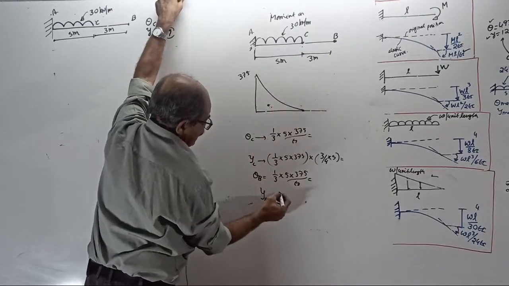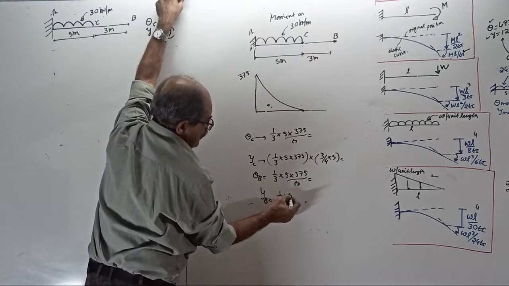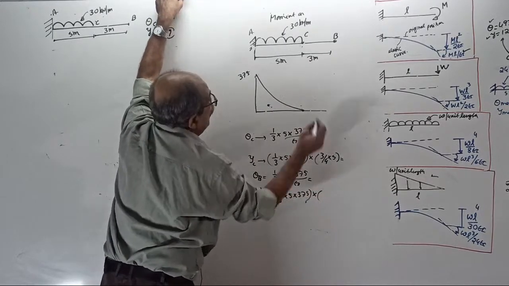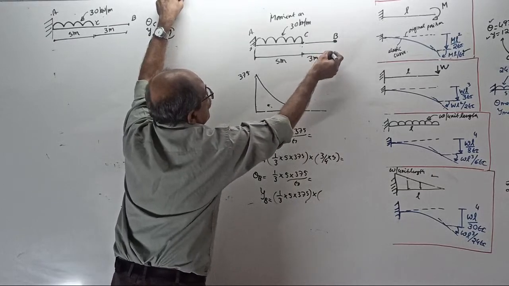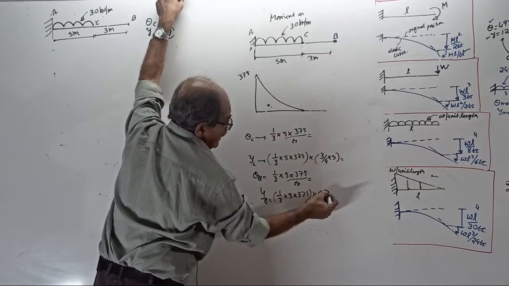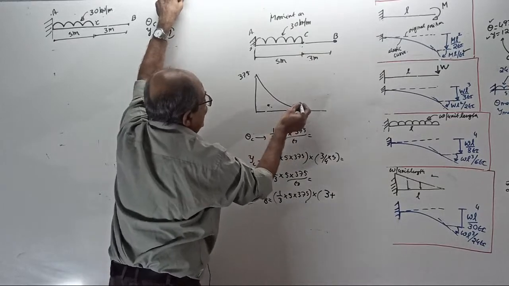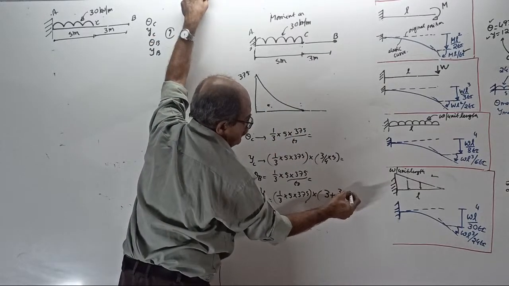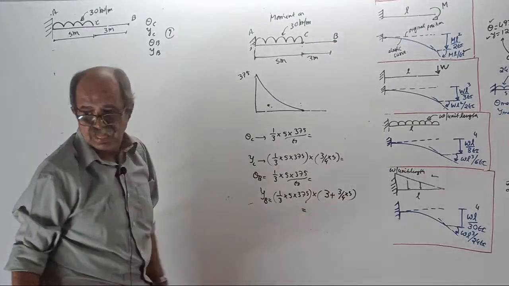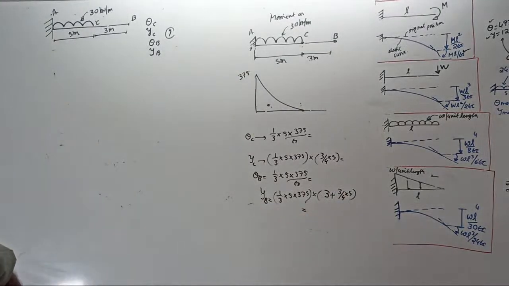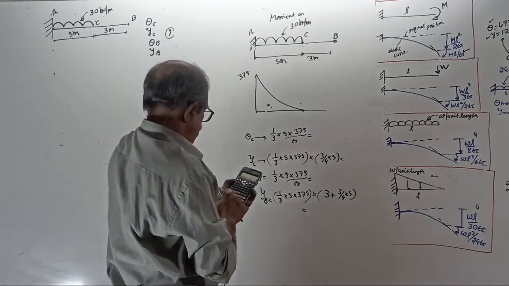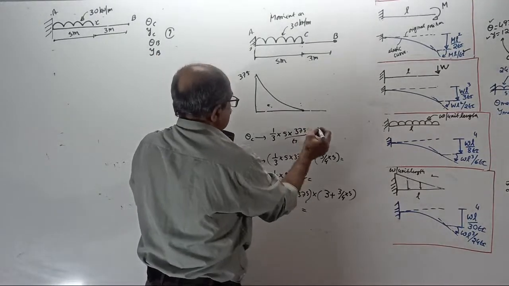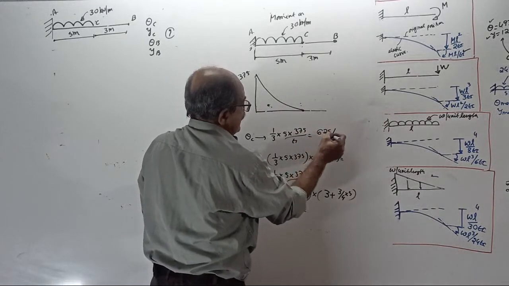So the area is 1/3 of 5 into 375, into the moment about B. From here to here is 3 meter plus another 3/4 of 5. That is 1 by 3 of 5 into 375. 625 by EI.